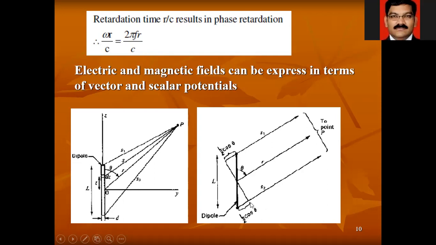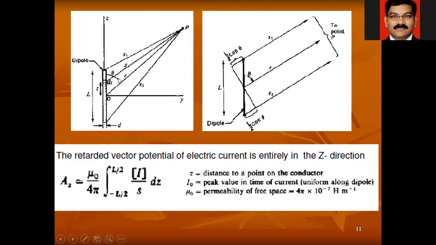So this L by 2 cos theta on S2 we have to add, and in S1 we have to subtract, for the reference. So accordingly we can represent the diagram in this way.